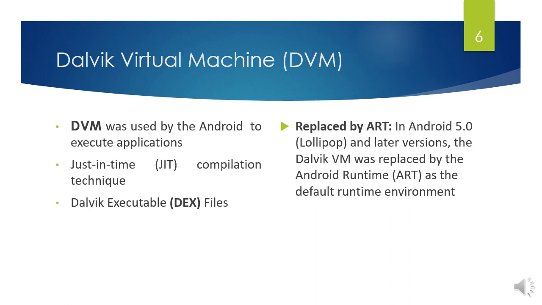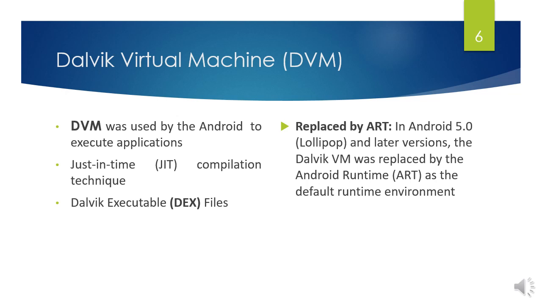Dalvik Virtual Machine. Dalvik was the original virtual machine used by the Android operating system to execute applications written in the Java programming language. It used techniques like just-in-time compilation and optimized bytecode execution to improve performance and reduce resource usage.